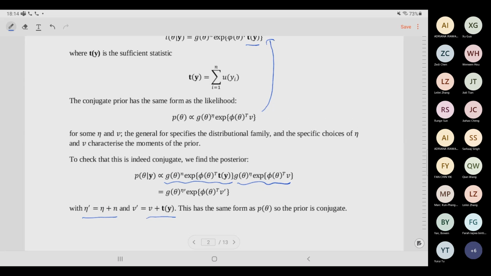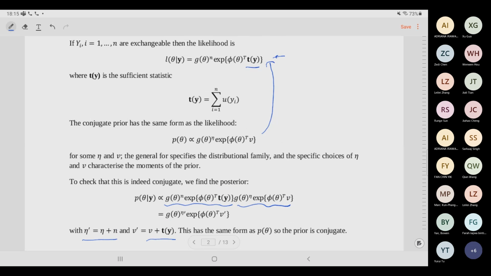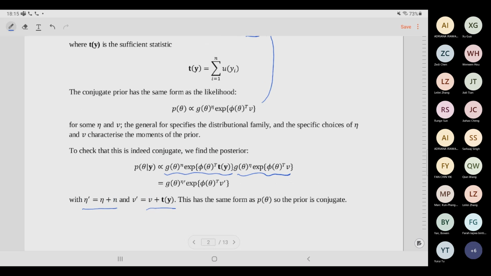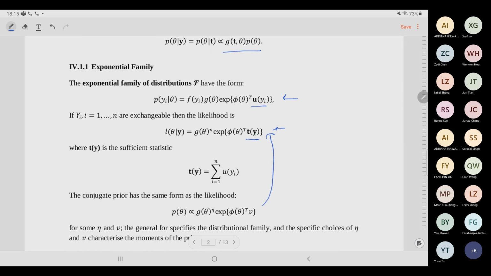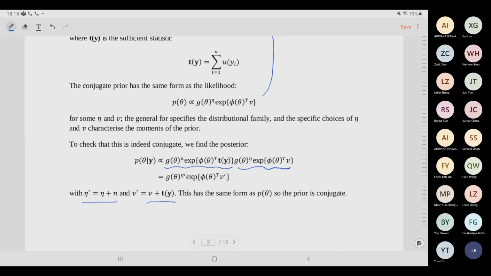So this means that your posterior has the same form as the prior, so the prior is a conjugate. Okay, so this means that as long as you can write the likelihood in the form of this exponential family, it will be easier to choose a conjugate prior.